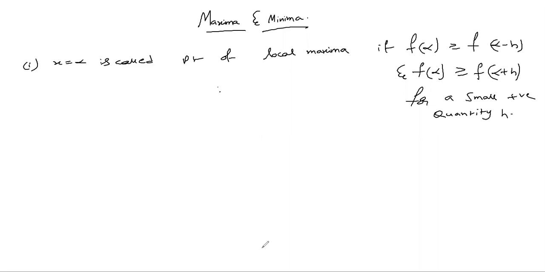That means if you consider the graph like this, alpha is said to be point of local maxima.